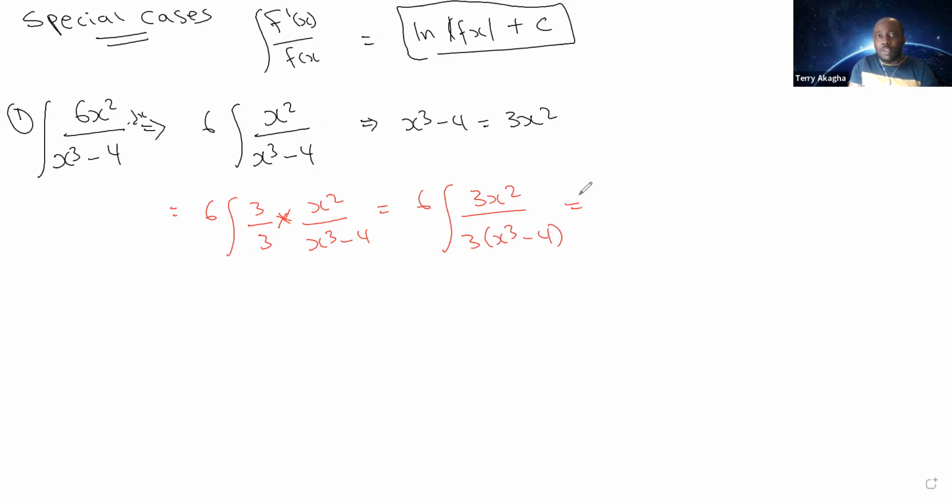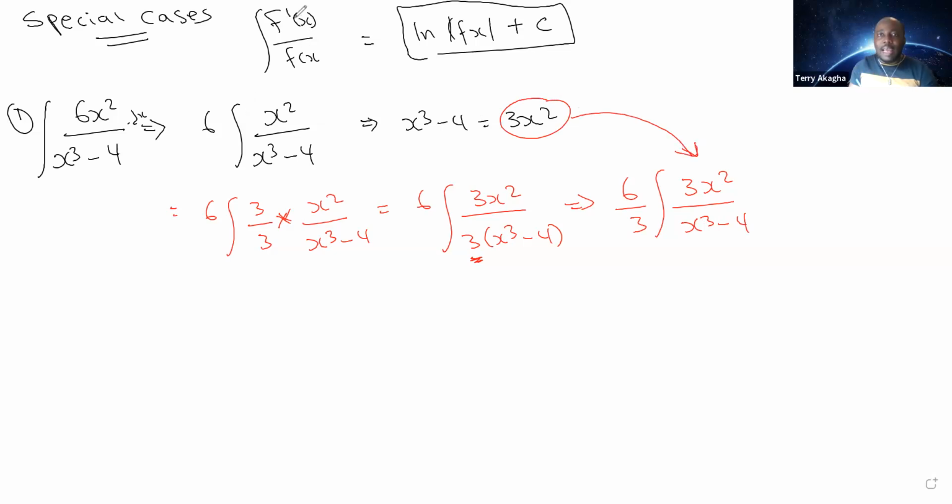I'll bring this 3 out and leave the other one. So it's going to be 6 over 3 integrating 3x squared over x cubed minus 4. Now we are back. If I differentiate x cubed minus 4, I get 3x squared, which is the numerator, and we're back to this form.